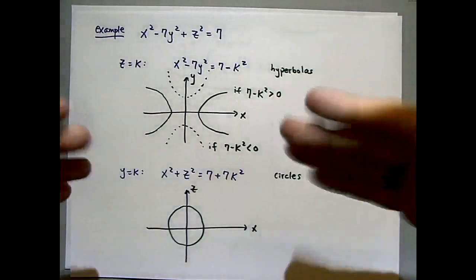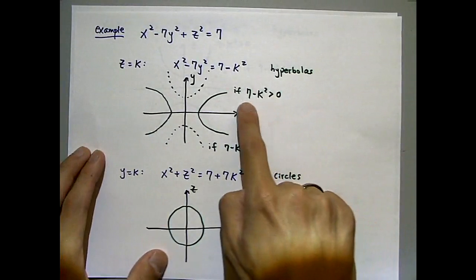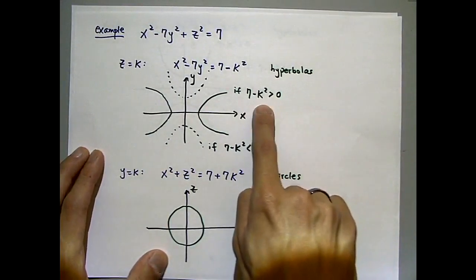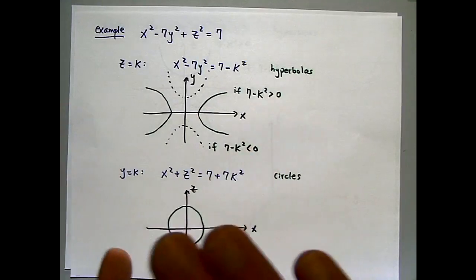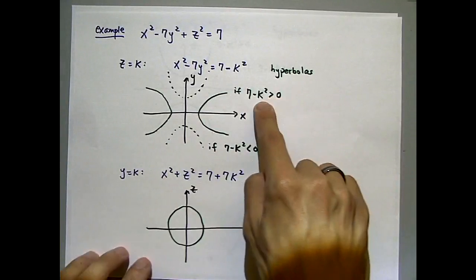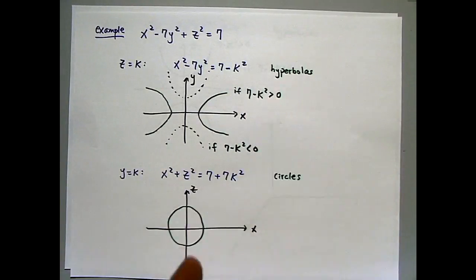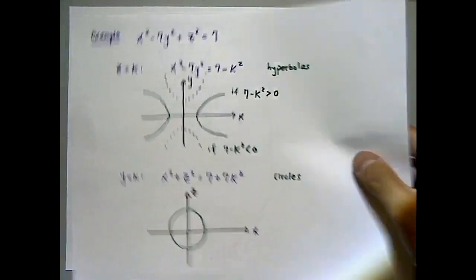This is when we're looking top down. And 7 minus k squared greater than 0 means we're looking at the portion including the x and y plane. That's when k is equal to 0, right? So just the portion near the origin. And that's a good portion to start with.